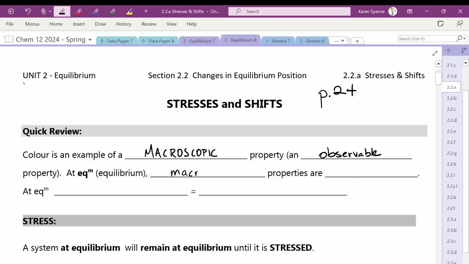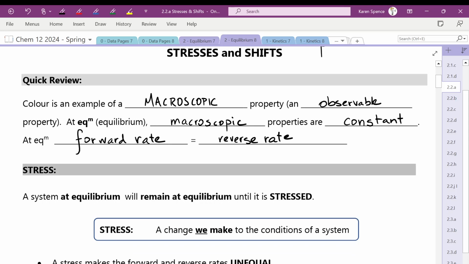Macroscopic properties are constant. And what is true at equilibrium? What is equal at equilibrium? Forward rate is equal to the reverse rate.